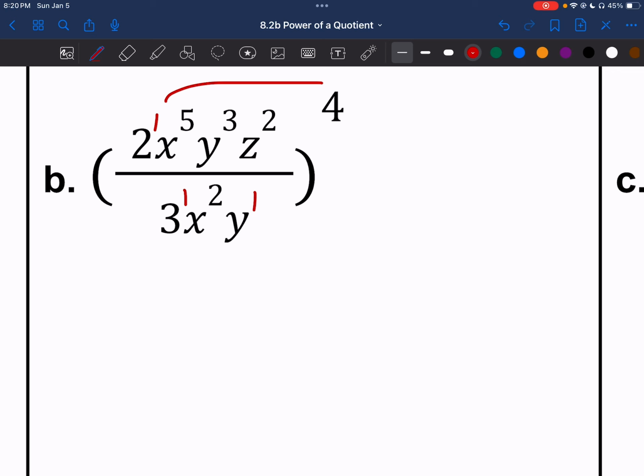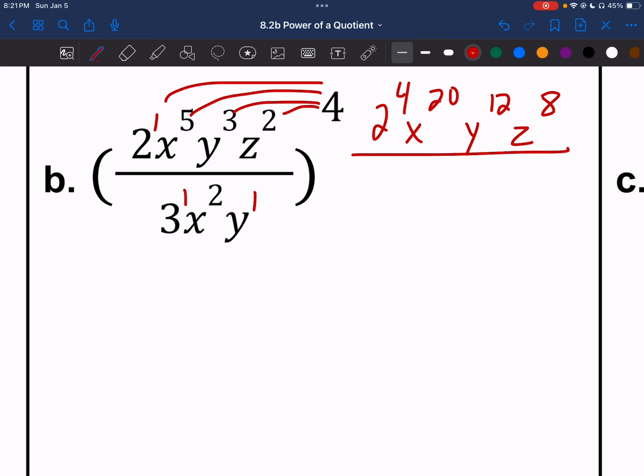So we have 2 to the 4th power, x to the 20th power, 4 times 5, 4 times 3, y to the 12th power, 4 times 2, so we have z to the 8th power, all over 3 to the 4th power, x to the 8th power, y to the 4th power.